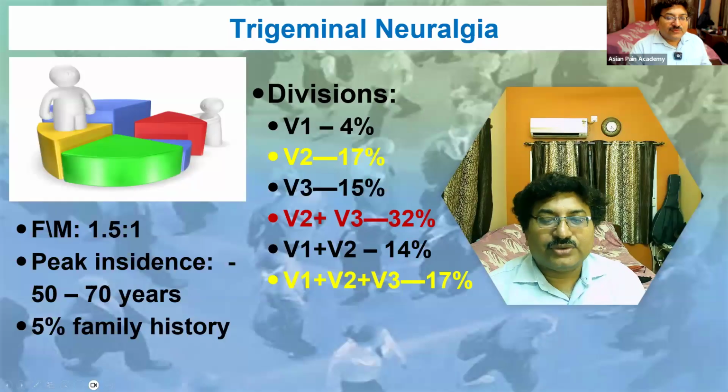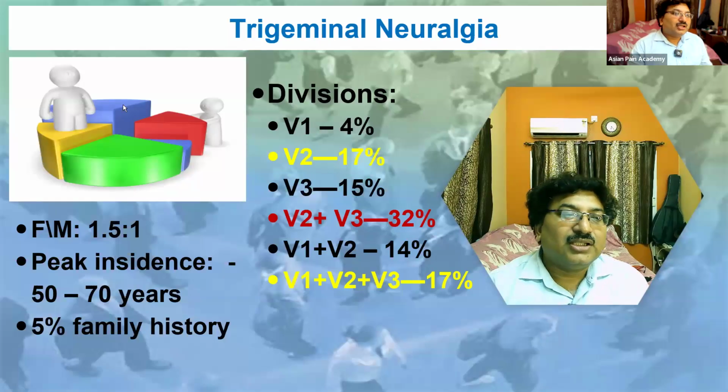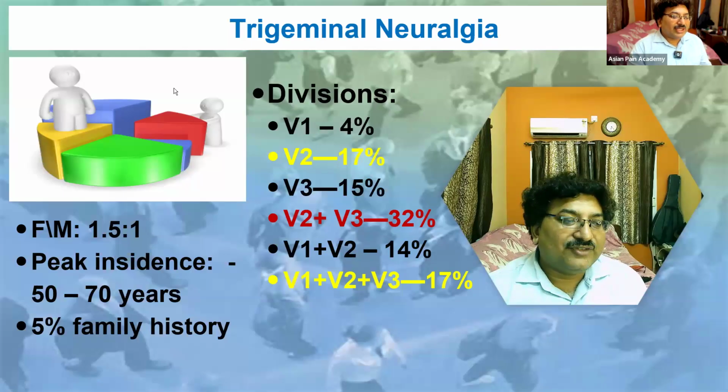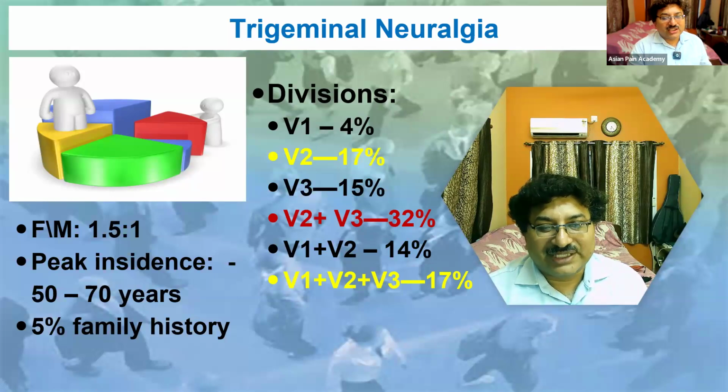Now if you see the epidemiology, it is more common in females. Female to male is 1.5 to 1. Peak incidence is in the 50s to 70s, and 5% of patients have a family history. Among the divisions involved, V1 alone is most rarely involved, in 4% of cases, whereas only V2 is involved in 17% of cases, and only V3 in 15% of cases.